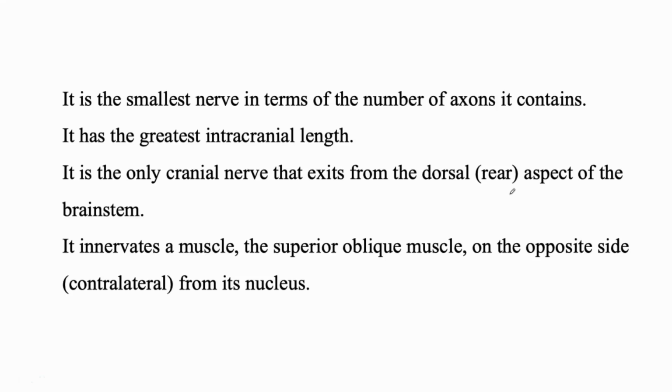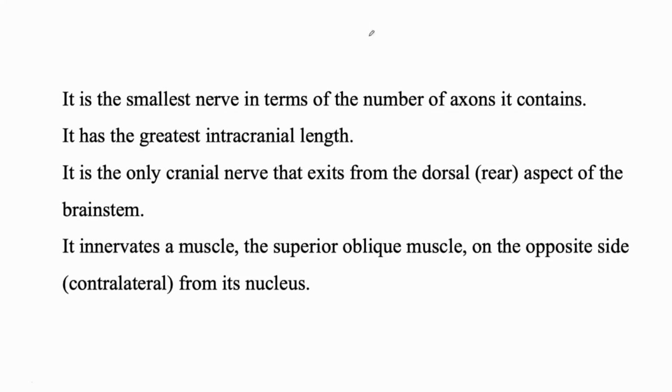So these four recti muscles and the inferior oblique muscle get supply from the oculomotor nerve and also the abducens nerve. They get supply on the same side from its nucleus. The exception is the superior oblique muscle. It is getting supply from the opposite side.